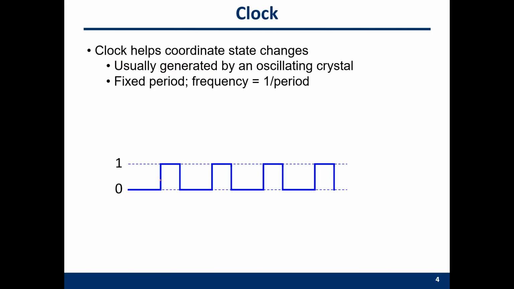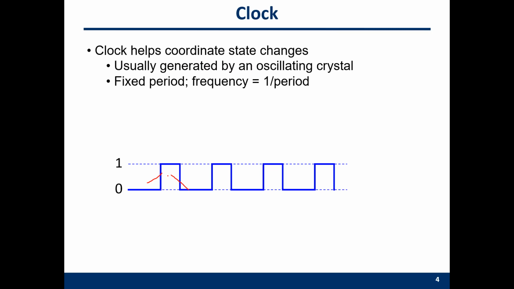The clock can be high, can be low, and you have a rising edge and a falling edge. Based on the memory element you use in your circuit, latch or flip-flop, the state change can be triggered by different parts of the clock. Some of them can be triggered by the clock level, low or high.